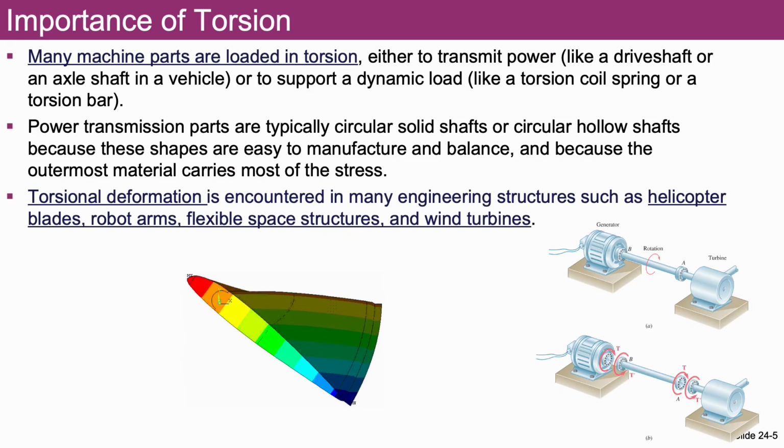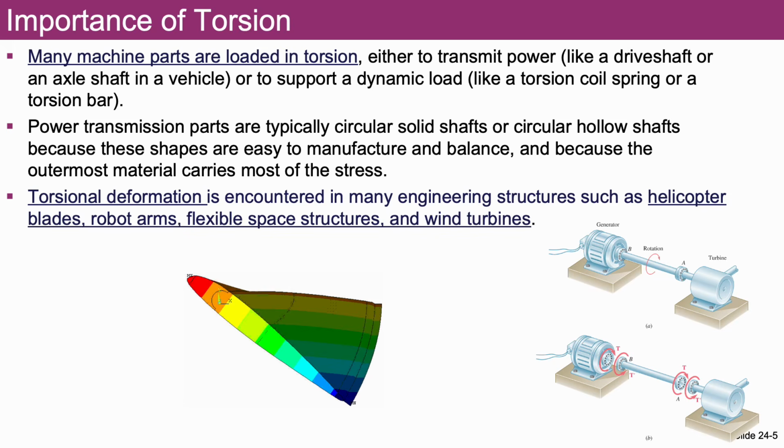Before understanding why the type of stress encountered in torsional loading is shear stress, I would like to first underline the importance of torsion. Why should we study torsion? Because many machine parts are loaded in torsion in engineering, either to transmit power, such as a drive shaft or an axle shaft in a vehicle, or to support a dynamic load, such as a torsion coil spring or a torsion bar.